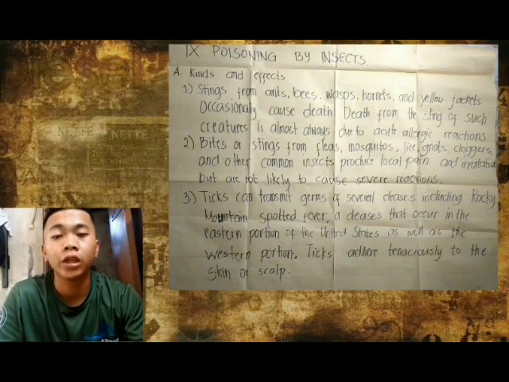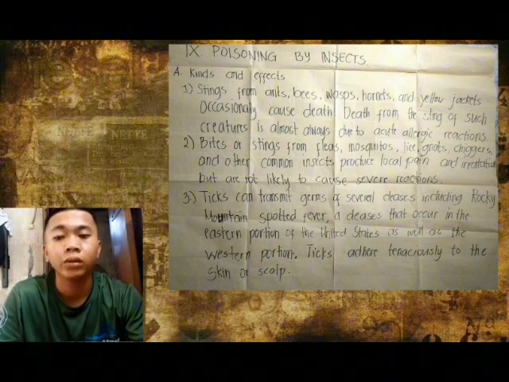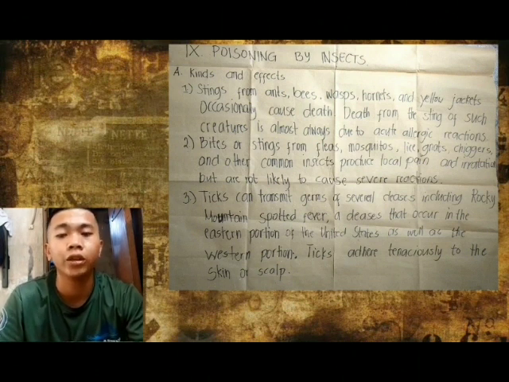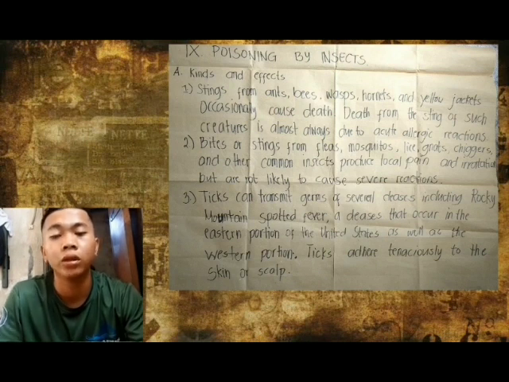Next topic, we discuss poisoning by insects. First we have the kinds and effects. First, stings from ants, bees, wasps, hornets, and yellow jackets occasionally cause death. Death from stings of such creatures is almost always due to acute allergic reaction.